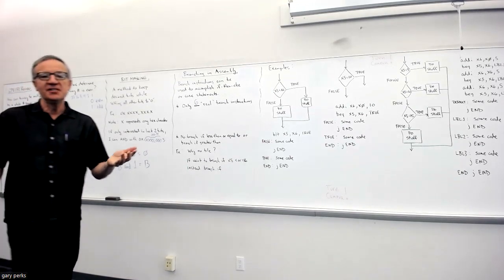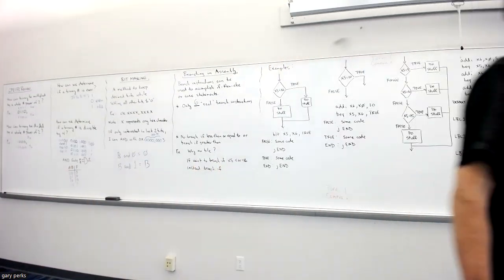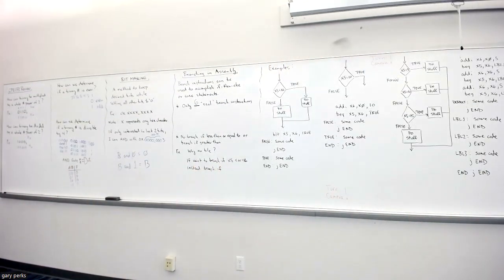So for example, if you look at the assembly language manual, where all the instructions and all the detailed descriptions for each of the instructions are, we can find one here somewhere. There's a branch instruction, BNEZ. It stands for branch if not equal to 0.